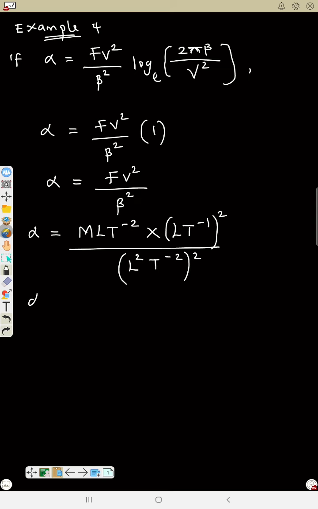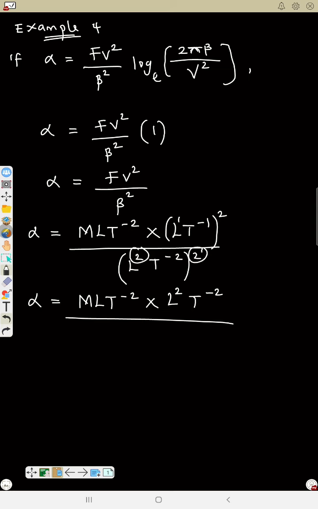So alpha is equal to M L T raised to power minus 2, times this 2 will affect L and also T, that is, 1 times 2 will be 2, then minus 1 times 2 again. Everything over this 2 will also affect this, so it will be L raised to power 4 times T raised to power minus 4. You multiply the powers like that. Now let's simplify further.